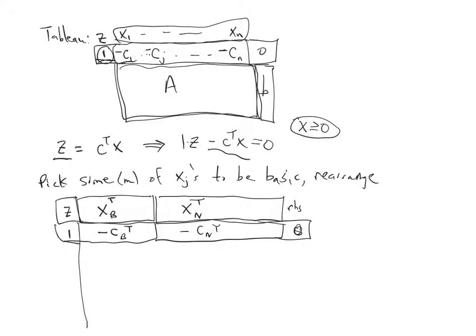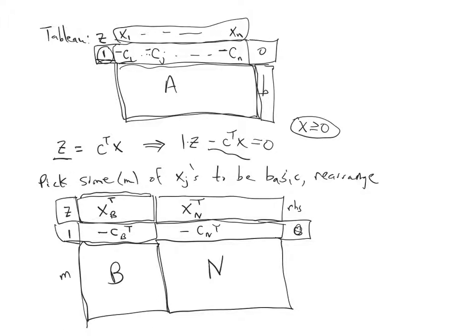And then the coefficient matrix we're going to break into a square matrix B. So there's m rows and m columns, because xB has m guys in it. And then we have this non-square, probably still often wider than it is tall, guy we call capital N for non-basic. And the right-hand side is b.